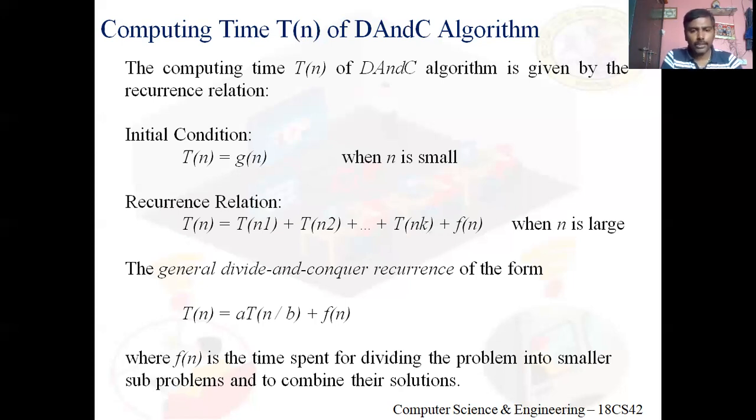Later, in the conquer stage, the answers of all the subproblems will be combined to get the final answer. So you need to think very clearly. Combining the answers of the subproblems to get the final answer also incurs time, right?